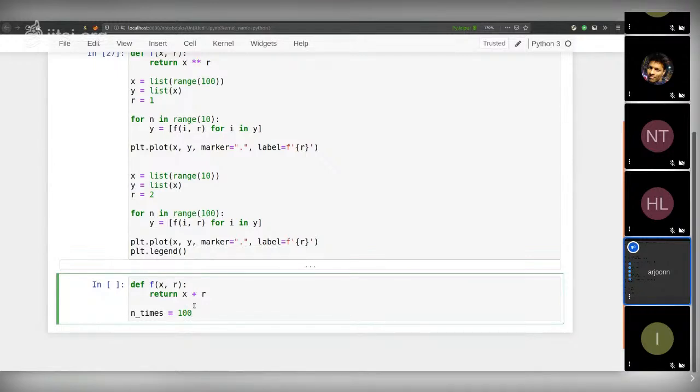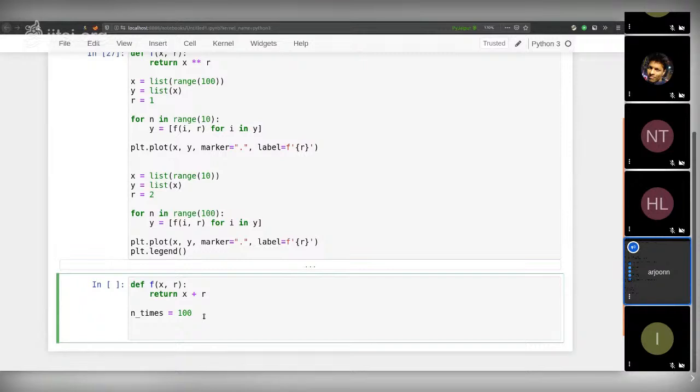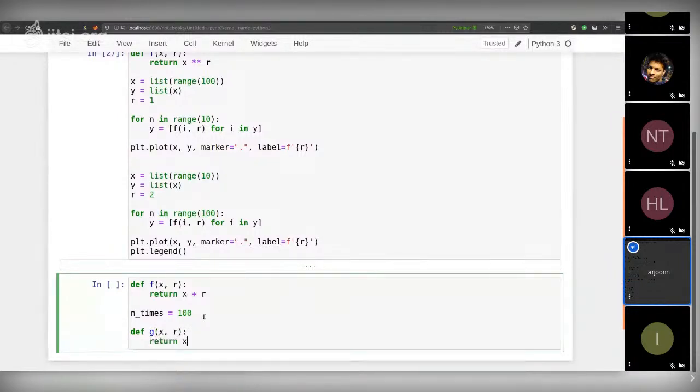So for example, this function, if applied n times, would give you x minus, I think, n times r. I think so, because this and then minus r minus r. Oh, sorry, plus r.